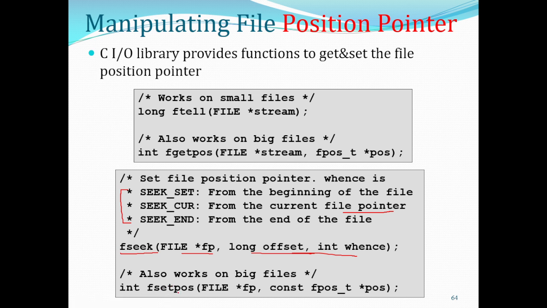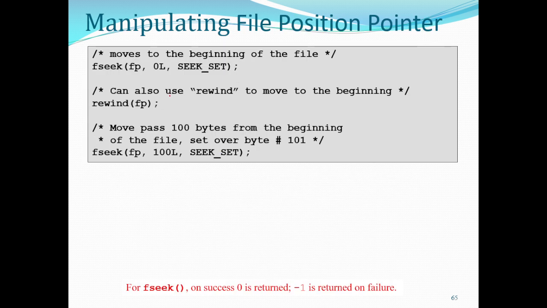So fsetpos is another function. Again, it's basically setting the file pointer anywhere in the file for me. Let's see how it works. Let's say I open the file with append plus, which means the pointer is jumping to the end of the file, sitting there.